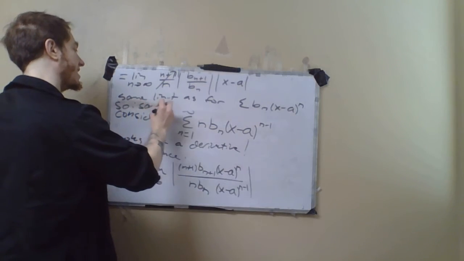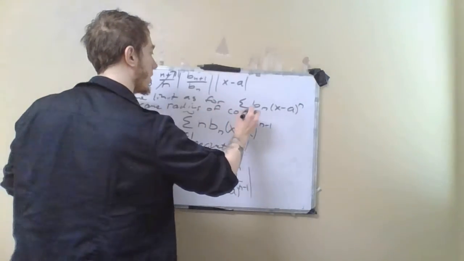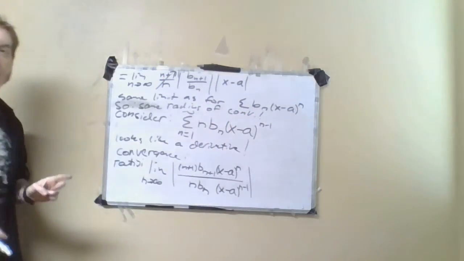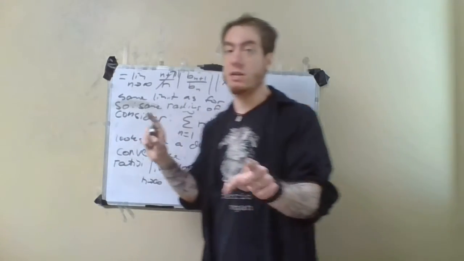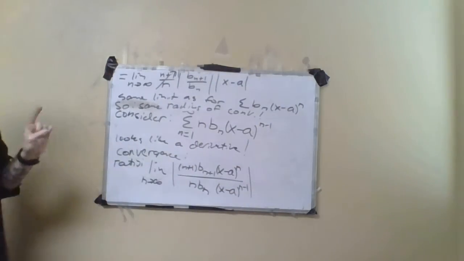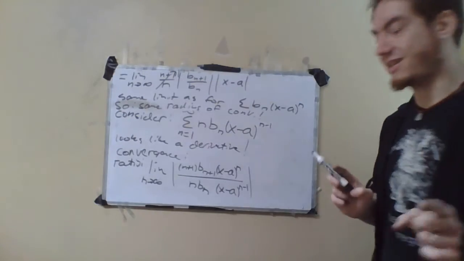So we get the same radius of convergence. Now, at the endpoints, the convergent behavior could be different. So at the endpoints, you have to be more careful. But the radius of convergence stays the same.